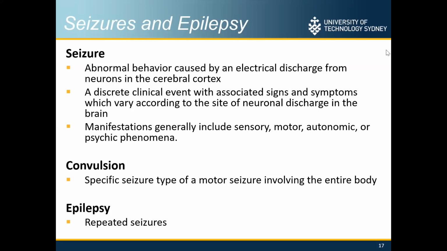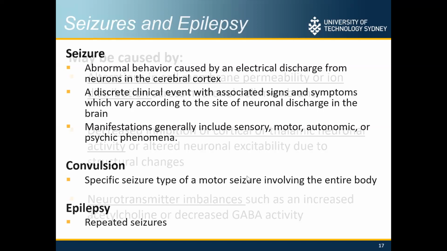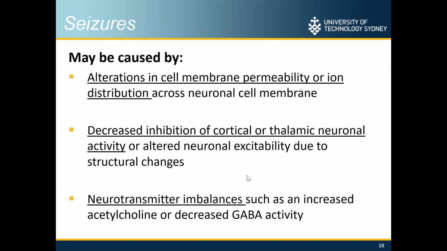The most common example that we know of a seizure is a type of motor seizure that involves jerking of your extremities, okay? And this is mainly defined as a convulsion, okay? So we've defined seizure as an abnormal behavior caused by abnormal electrical discharge from the neuron in the cerebral cortex.